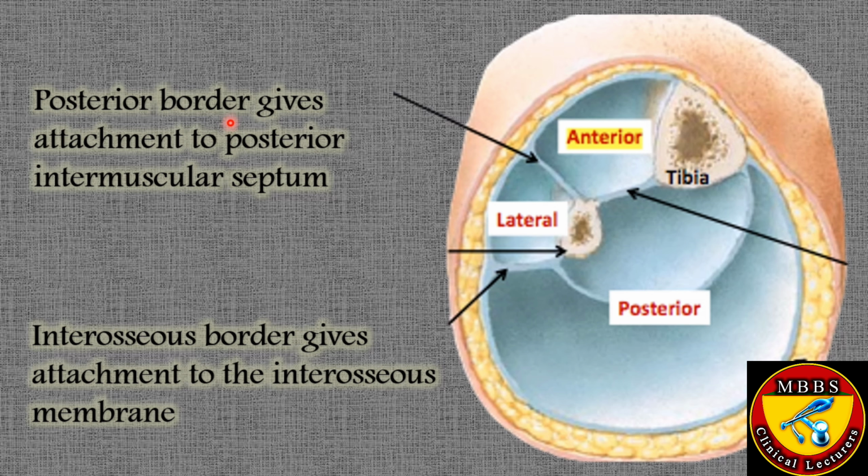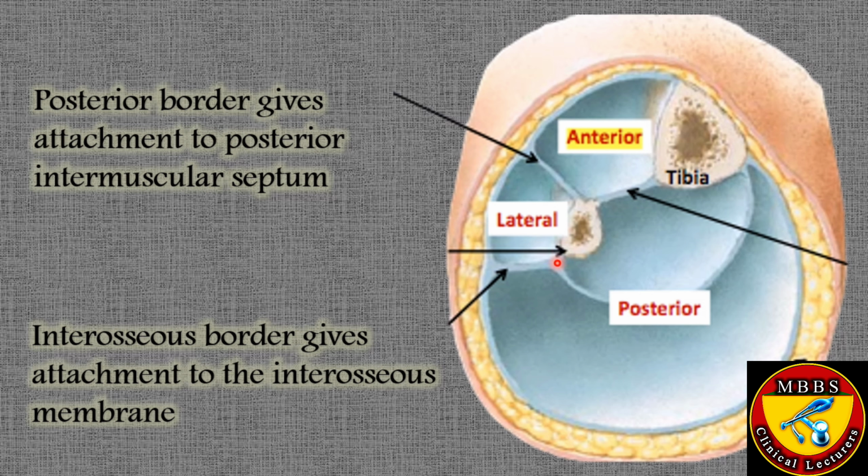Posterior border gives attachment to the posterior intermuscular septum. As you can see, this is the fibula, this is the tibia, this is the anterior border, right? This is the posterior border, and this is the medial border or interosseous border. So posterior border gives attachment to the posterior intermuscular septum.